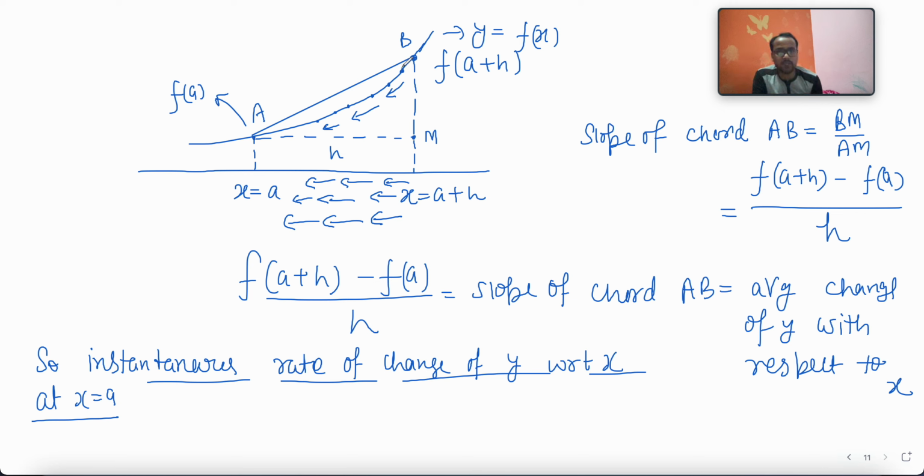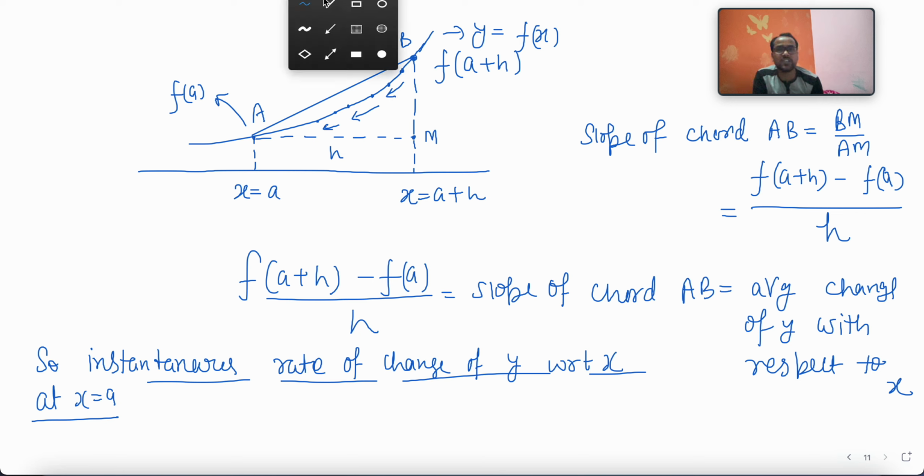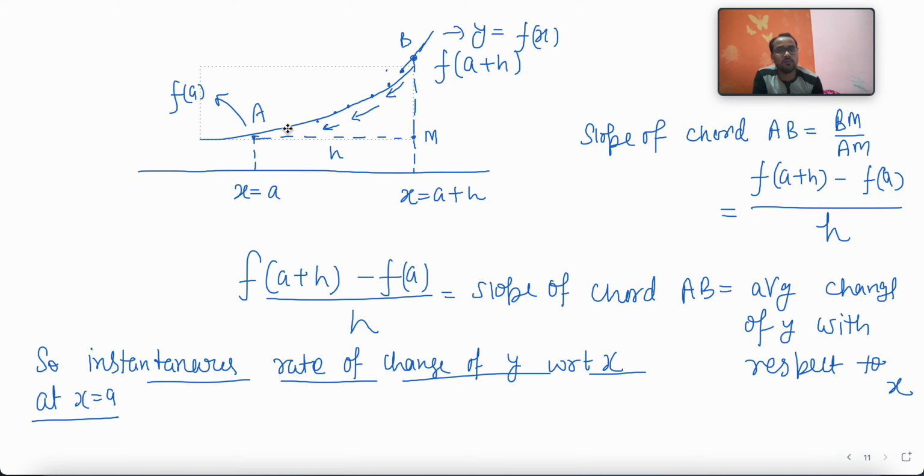That means B is moving towards this point A. As B is moving towards A, look at the slope of chord AB, how it is being changed. This chord AB, how this chord AB will be changing. This point B will be moving to this side, and the chord will be tending towards the tangent at point A.